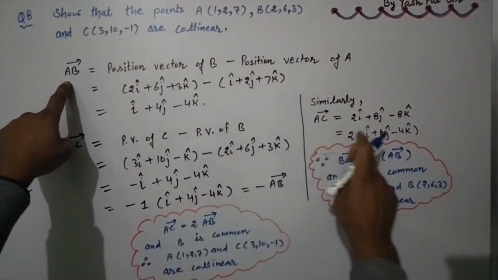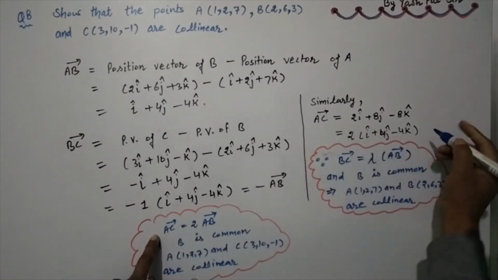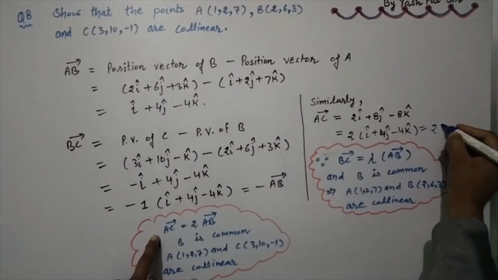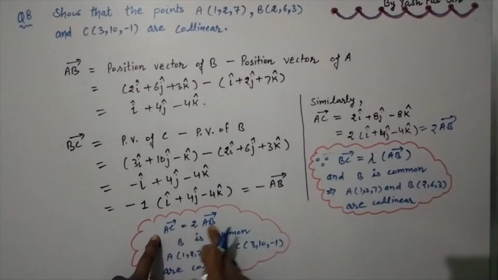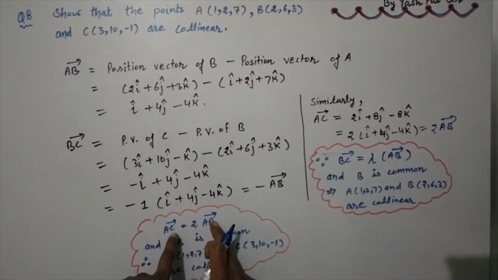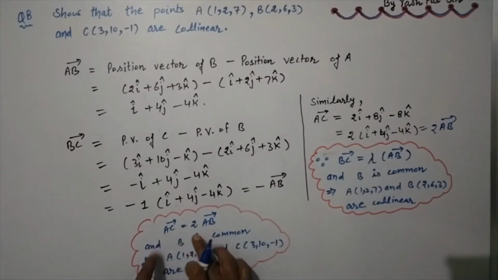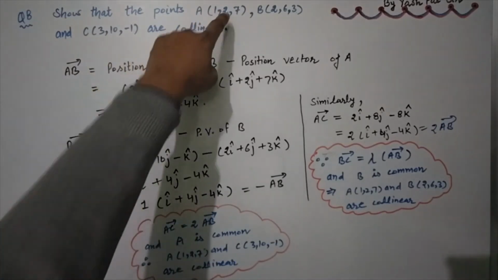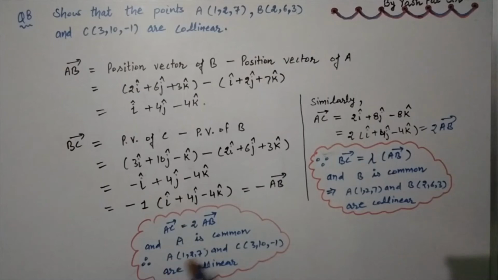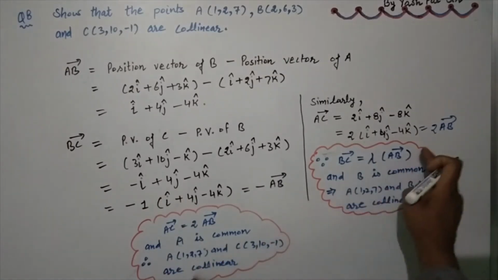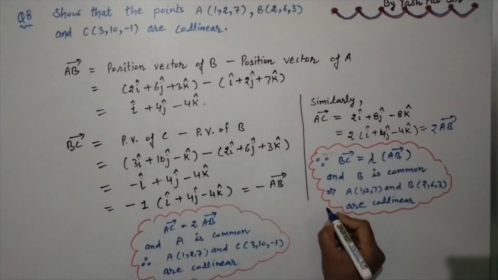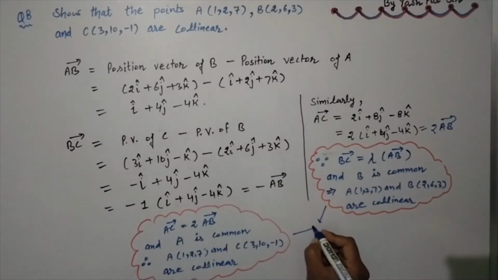Similarly, for AC and AB vectors, AC is equal to 2 AB vector, and point A is common, so A point and C point are also collinear.